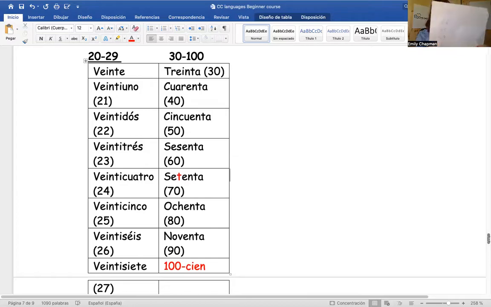So let's see. ¿Qué número tenemos aquí? 23, 64.